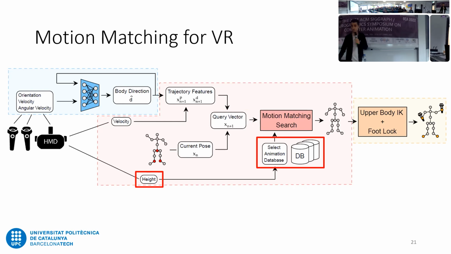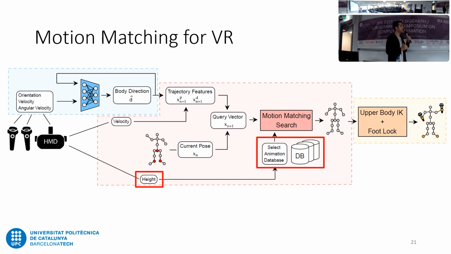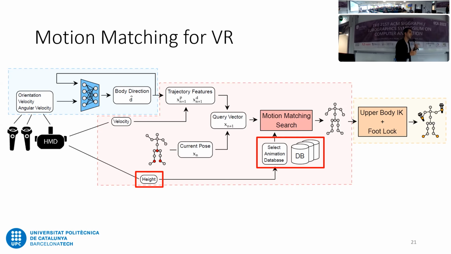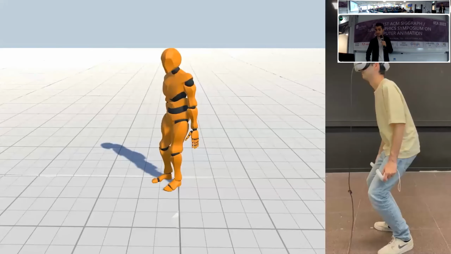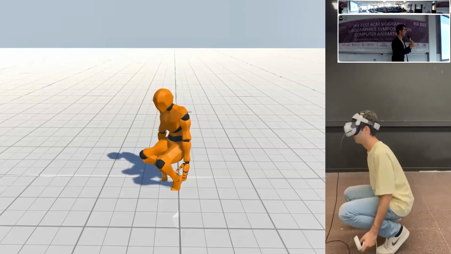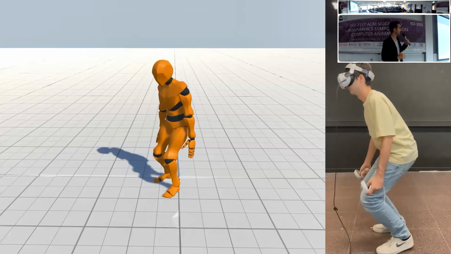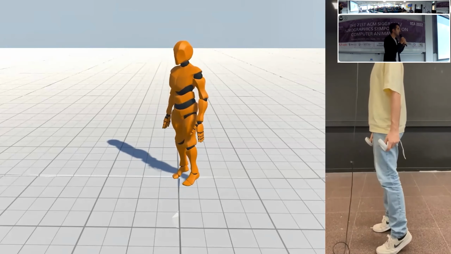Then what we also do is we get the height of the head-mounted display, and what we want here is for the avatar to be able to squat or do different types of leg bending. So we capture different databases with different levels of leg bending.